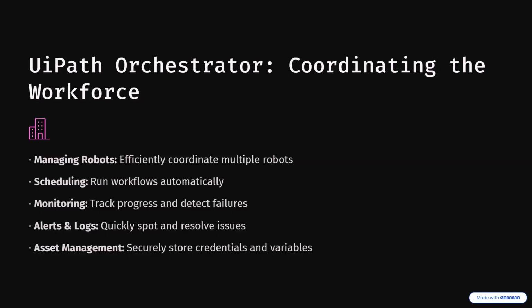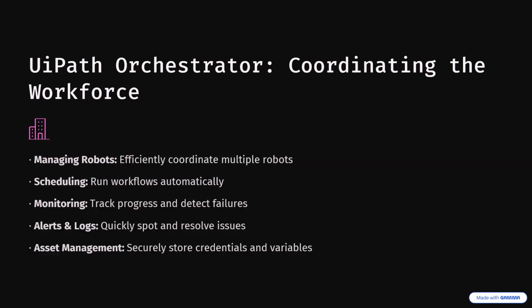It acts like a central control room for automation. It allows you to schedule workflows to run at specific times or events, so robots start automatically without human intervention. It also assigns tasks to the right robot or machine, making sure everything is handled efficiently.